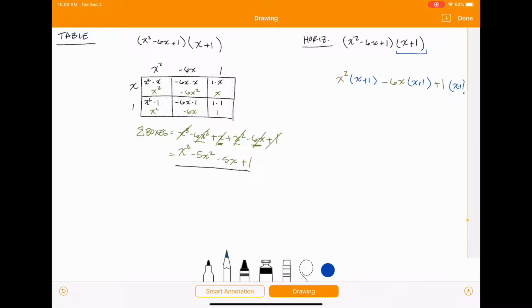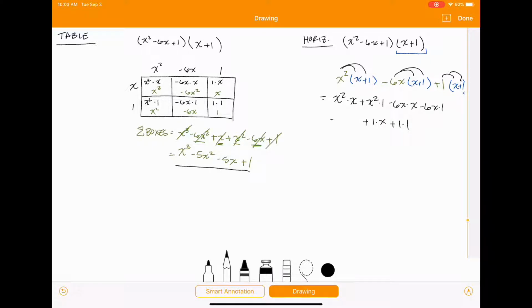All right, so once you have that, then you can go ahead and distribute and then simplify. So we're going to have x squared times x plus x squared times 1 minus 6x times x minus 6x times 1 plus 1 times x plus 1 times 1.